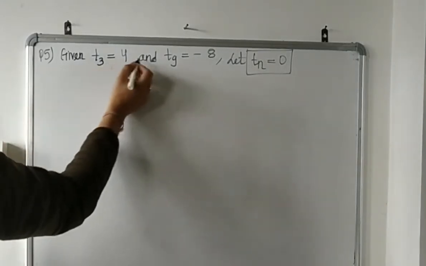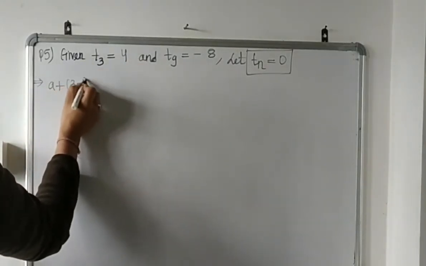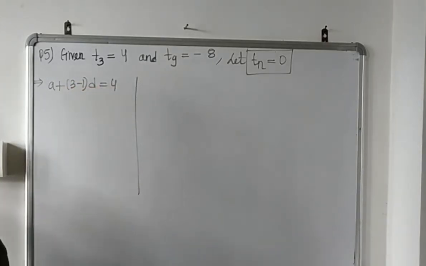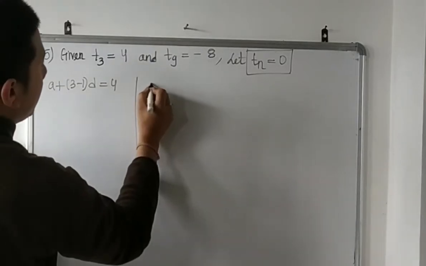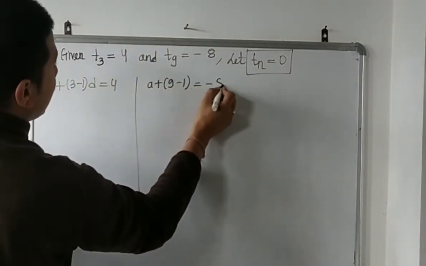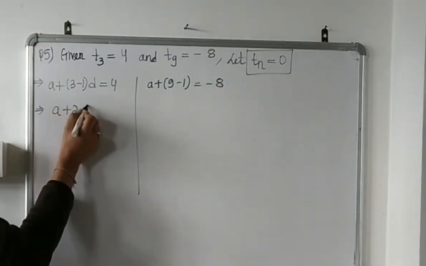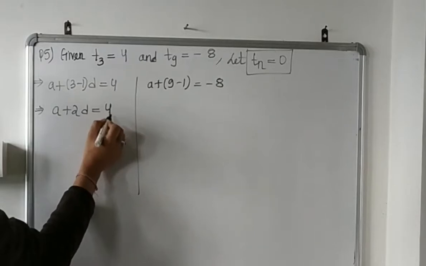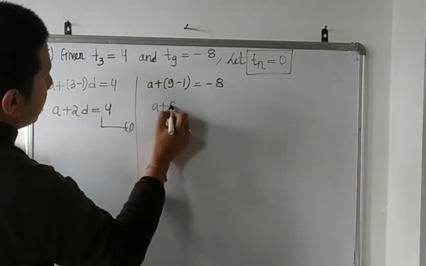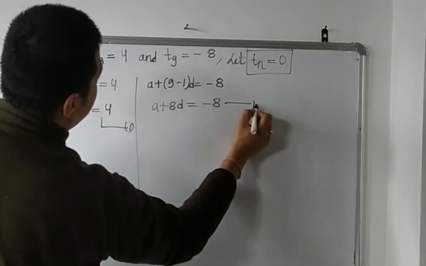T3 equals 4 gives A plus 3 minus 1 into D equals 4. And another equation, for T9, is A plus 9 minus 1 into D equals minus 8. Please simplify and get two equations: A plus 2D is equal to 4, equation number 1, and A plus 8D is equal to minus 8, equation number 2.